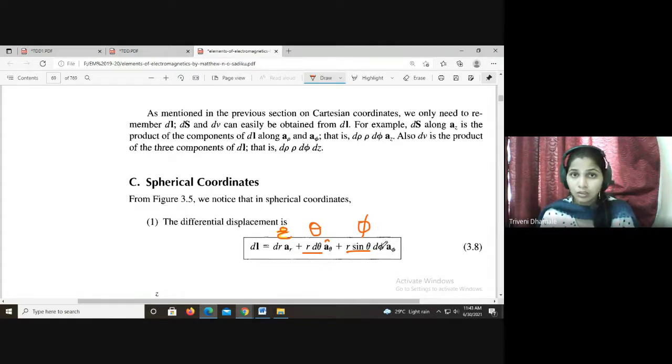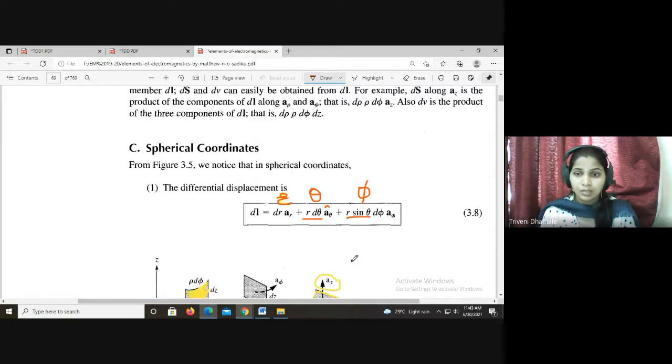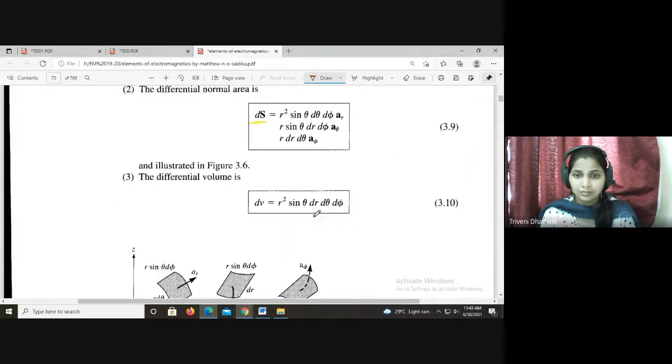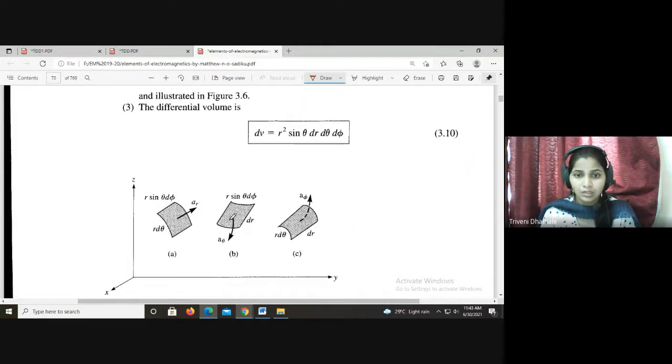Again, don't confuse phi in cylindrical coordinates and phi in spherical coordinates. When the coordinates are given and both angles are there, obviously it is a spherical coordinate system, right? If only one angle, phi, is there, then it is a cylindrical coordinate system. Now again the three surfaces are there: r constant, theta constant and phi constant.